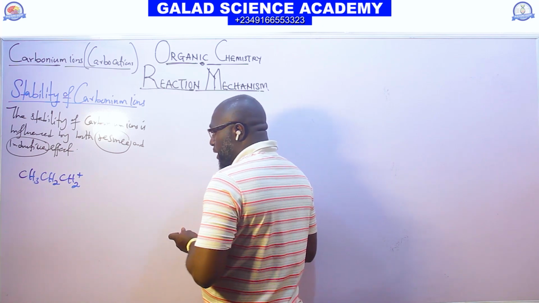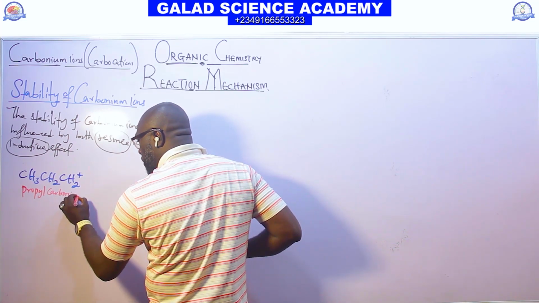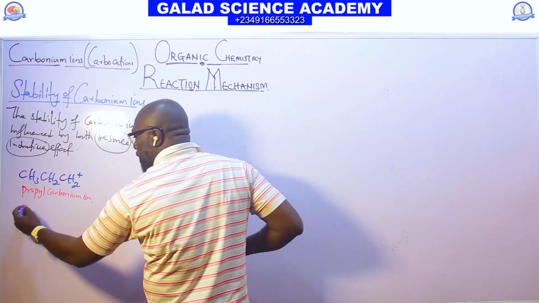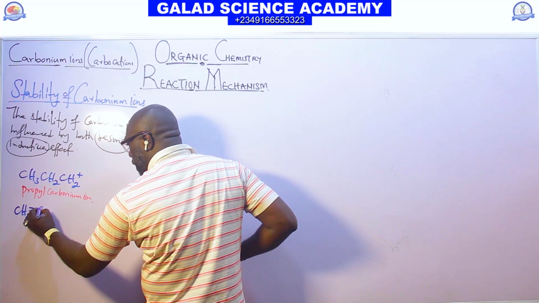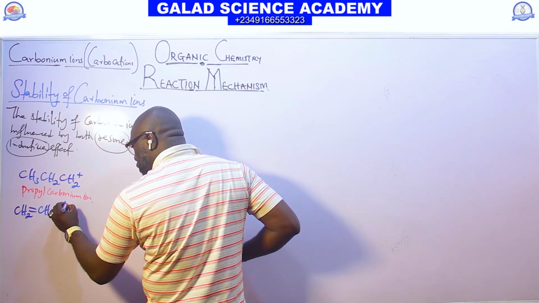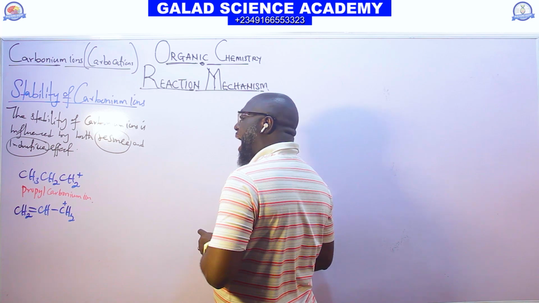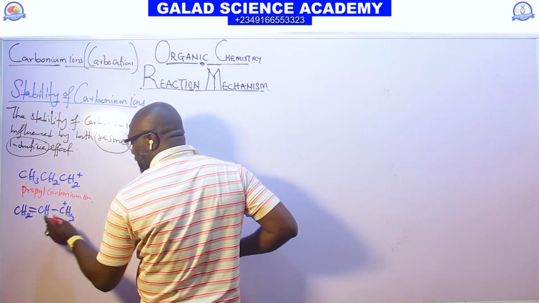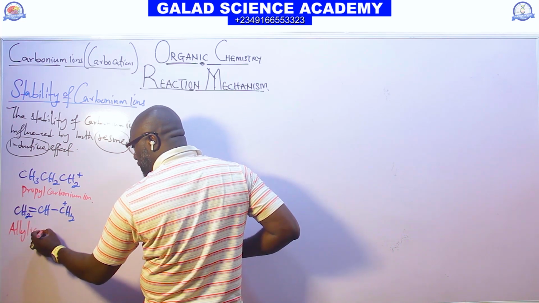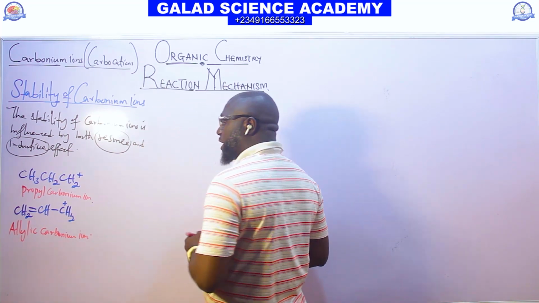If you look at this compound, its name is carbonium ion. And the second one, we have CH2=CH-CH2 plus. This one we can call allylic carbonium ion.